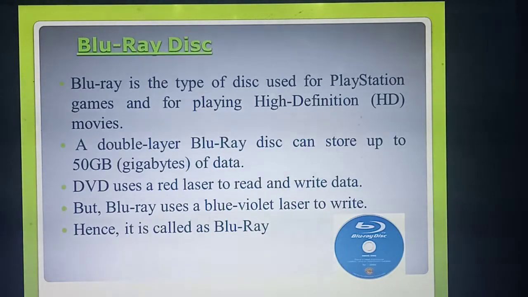Normally CD and DVD use which light rays to write? Laser light rays. But this Blu-ray uses which one? Blue-violet laser light to write. So only we call this a Blu-ray disc. Understood?